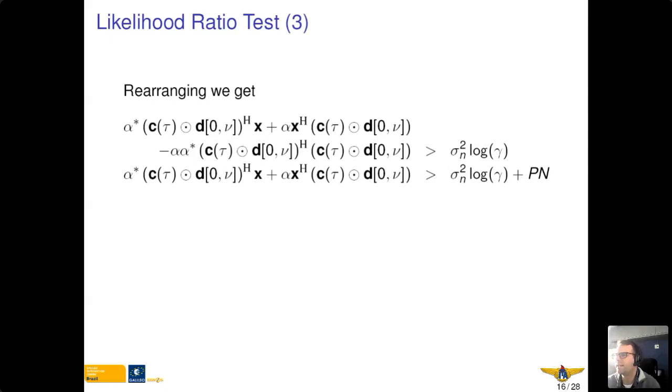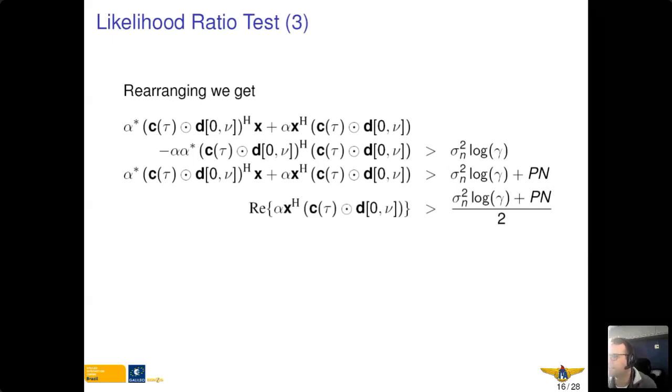So then we have on the left-hand side only these two terms left, and we have modified the threshold on the right-hand side. On the left-hand side this is the same complex number, but the first one is the conjugate of this, so it is the complex number added with its conjugate, and we can write this as twice the real part of this complex number.